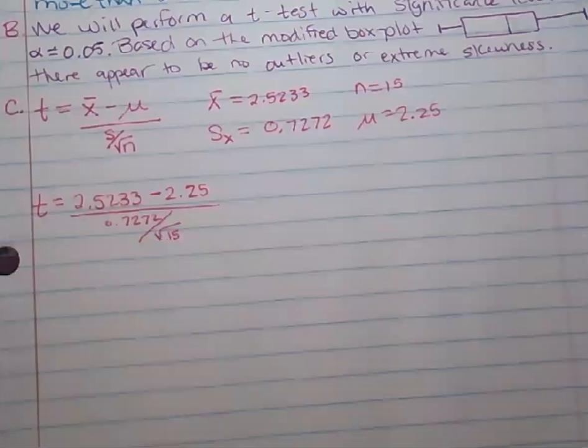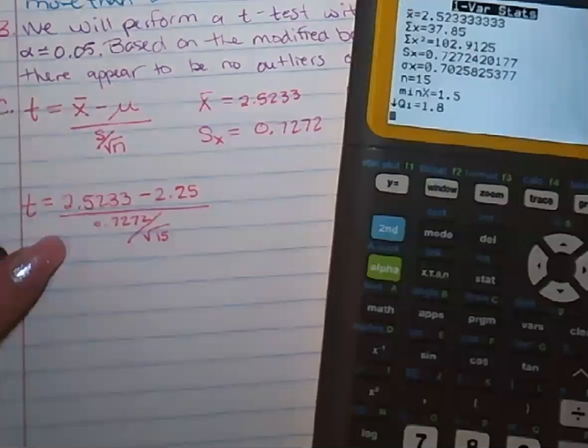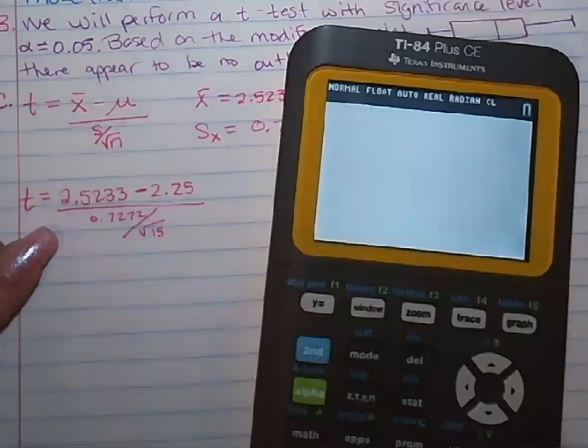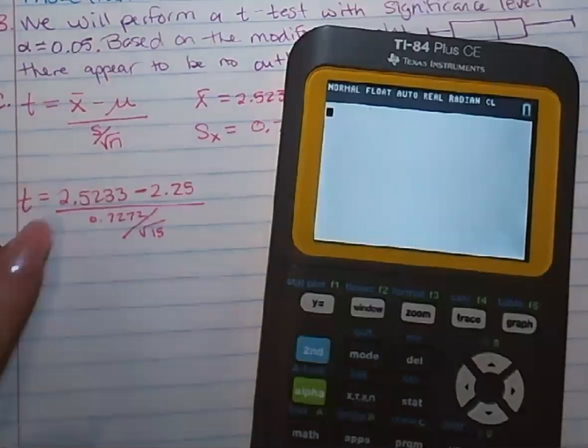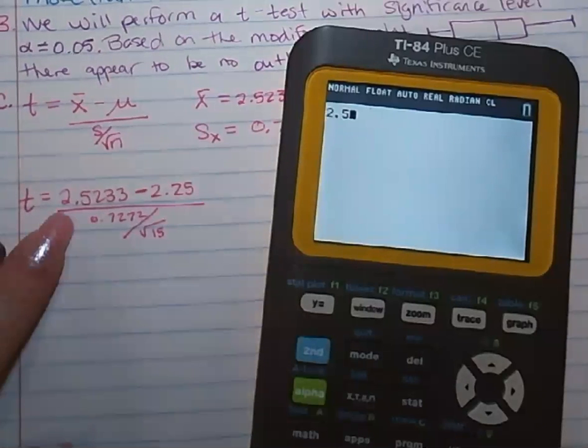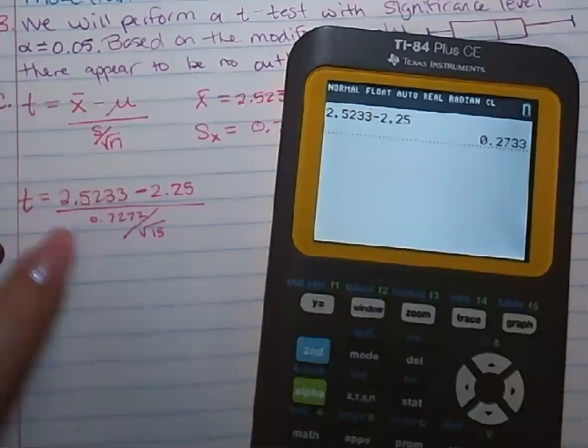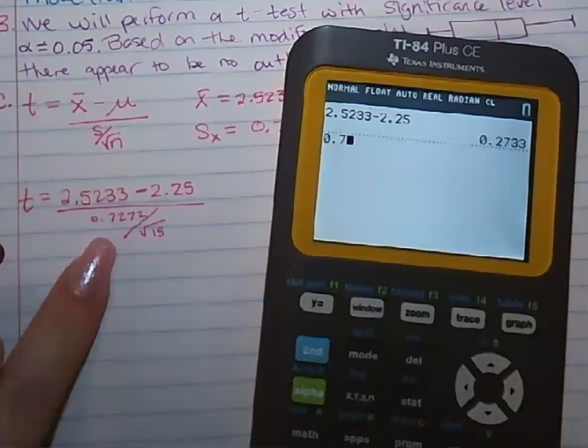There you go. All right, so now I'll go ahead and do some quick calculations there. So in my numerator, I have 2.5233 minus 2.25. And in my denominator, I have 0.7272 divided by the square root of 15.